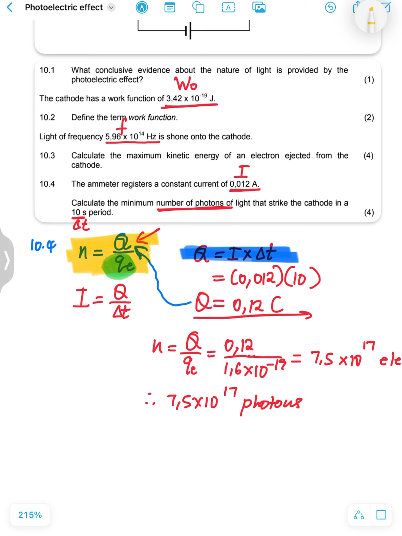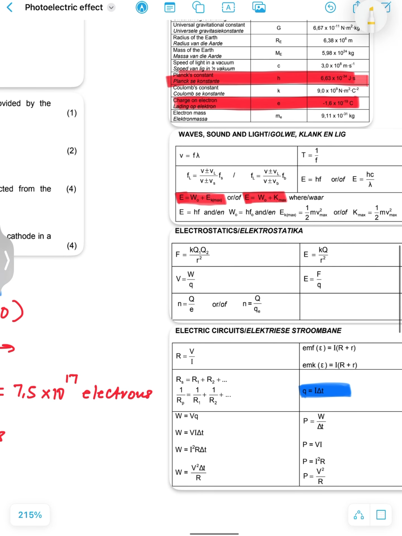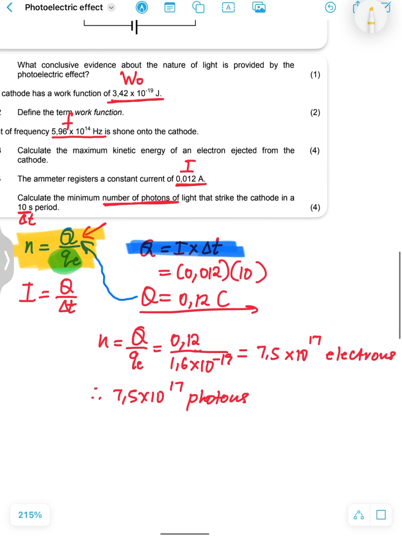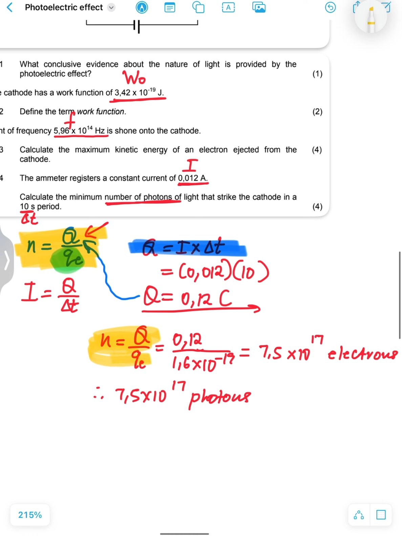That formula is also given in your formula sheet. You can also use the other one, but it's the same formula. It's just that the other one uses E for the charge of an electron, and this one uses Qe. It's the same formula.